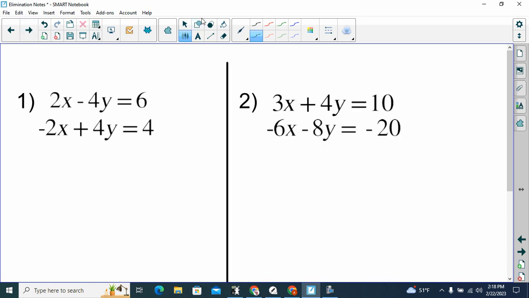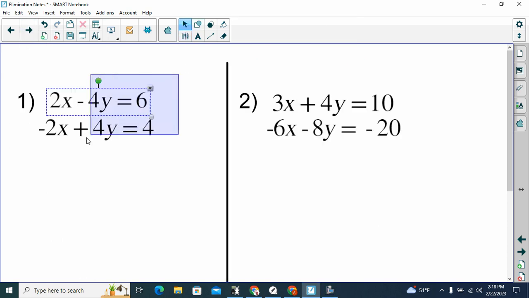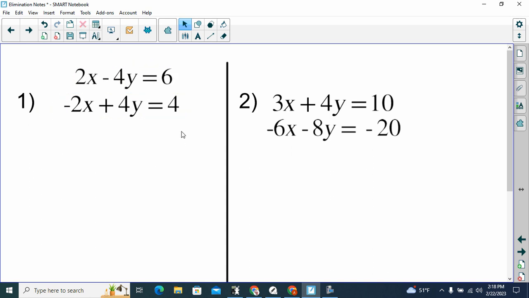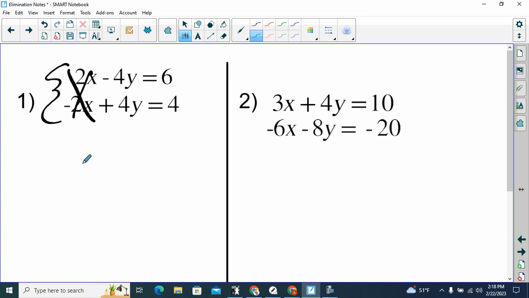Couple more basic problems I want to take a quick look at because they do turn out a little bit different. Notice this first one, 2x minus 4y is 6. Negative 2x plus 4y is 4. Sometimes when we solve by elimination, 2x minus 2x, those eliminate already.